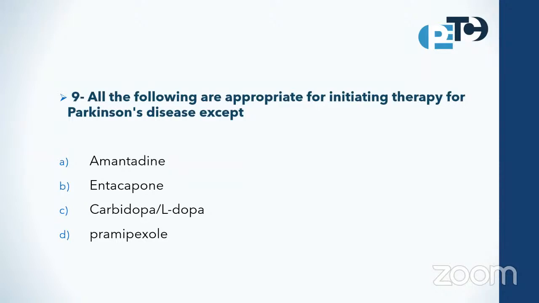Let us see this one. All the following are appropriate for initiating therapy for Parkinson's disease, except. Let us revise the treatment for Parkinson's. How can we control Parkinson's? Either by drugs affecting dopamine or drugs affecting acetylcholine, or sometimes both.